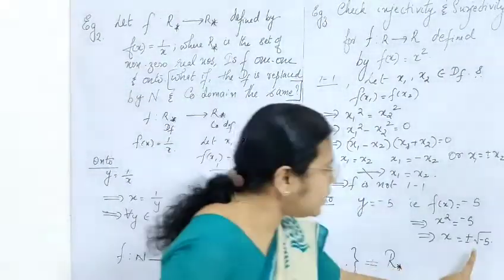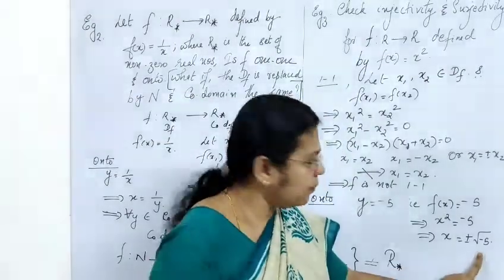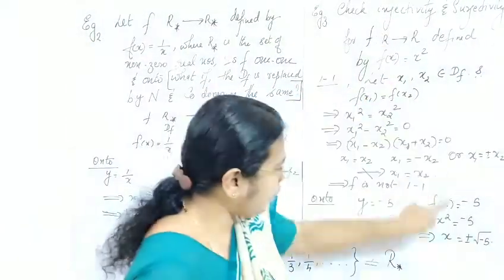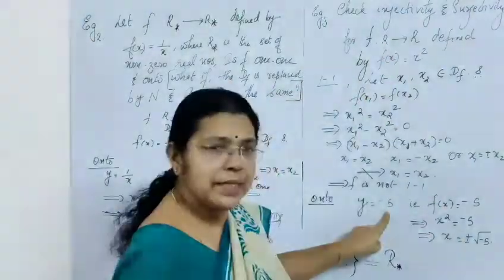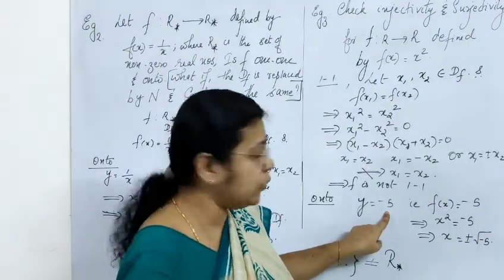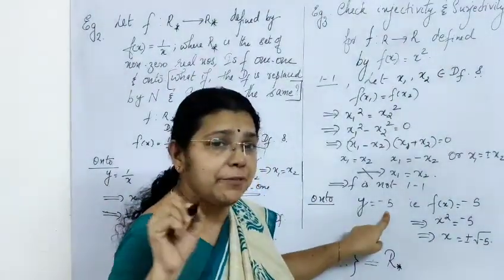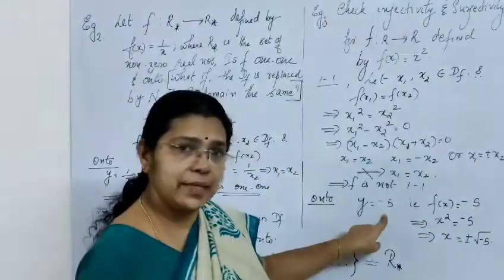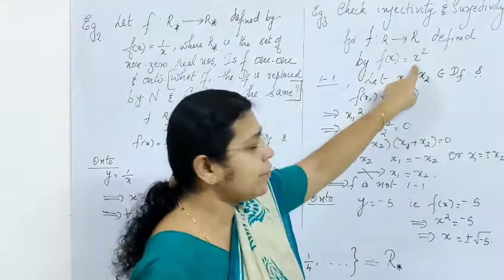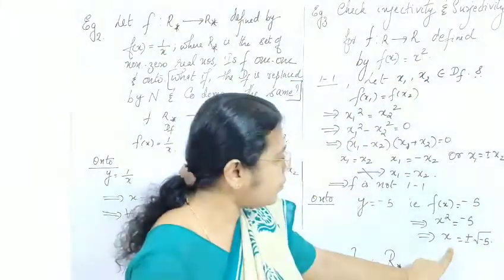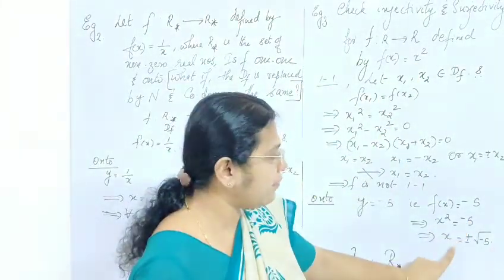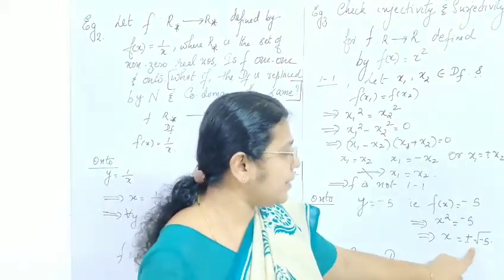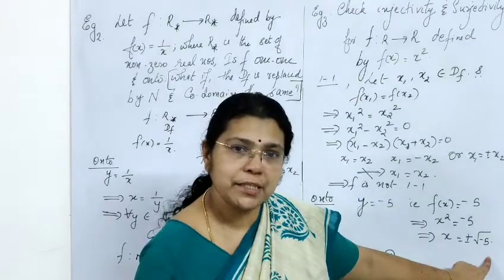Now, does this value lie in R? For a value of y equal to negative 5, definitely you will have negative 5 in the codomain of the function. But when I equate it with the given function x square and solve for the value of x, I see that x is plus or minus root of negative 5.